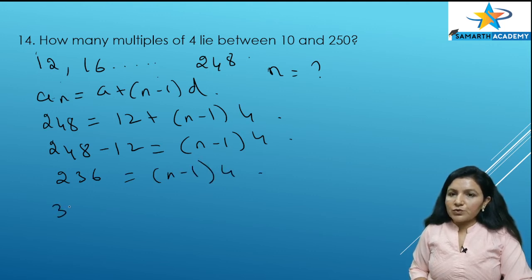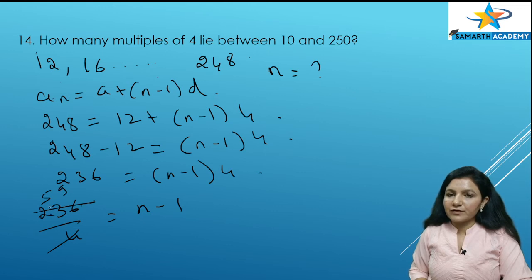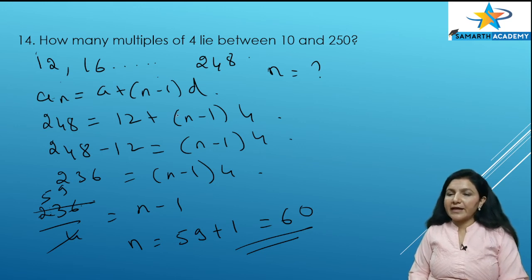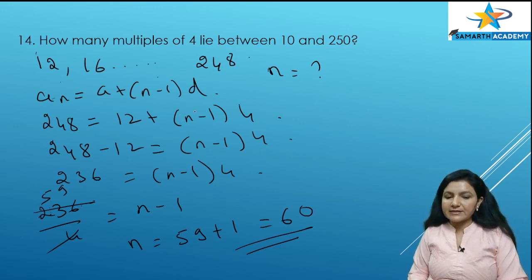So 236 divided by 4 is equal to n minus 1. 4 fives are 20, 4 nines are 36, so 59. Therefore n is equal to 59 plus 1, which is 60. So 60 multiples of 4 lie between 10 and 250. This is the answer.